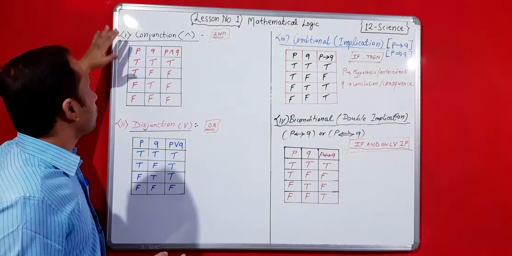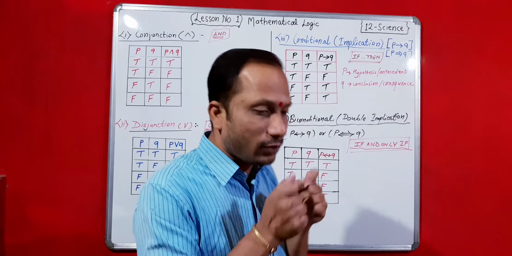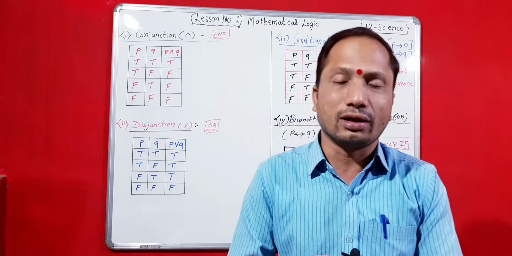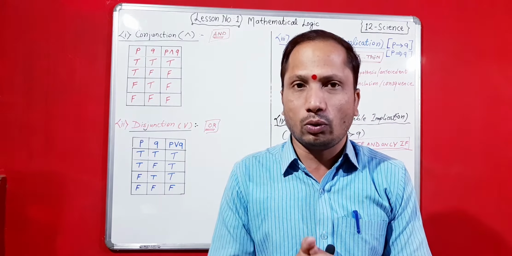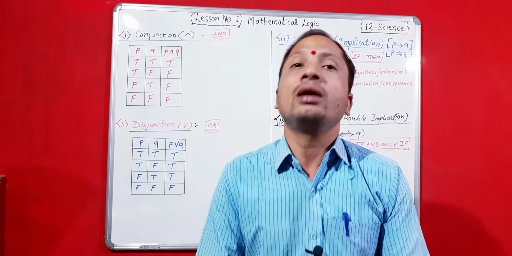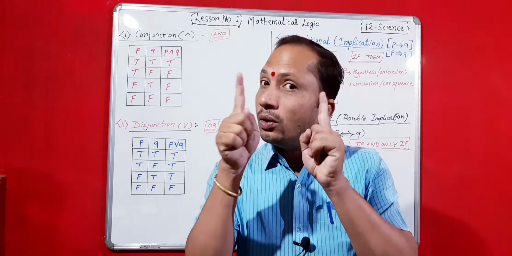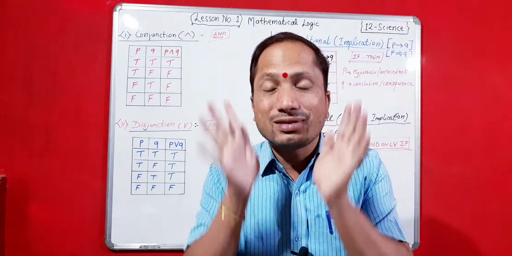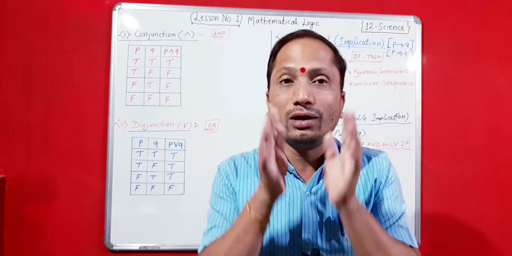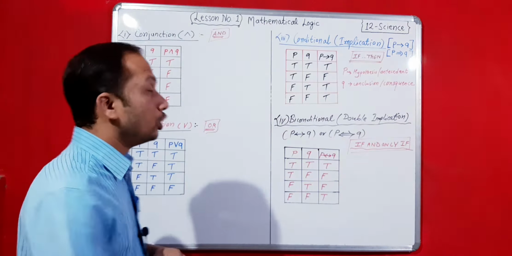Now see, there is a truth table. One thing you have to remember: consider that P is one statement and Q is the second statement, and they are joined by and. At that time you have to use this. I will draw the truth table for and.